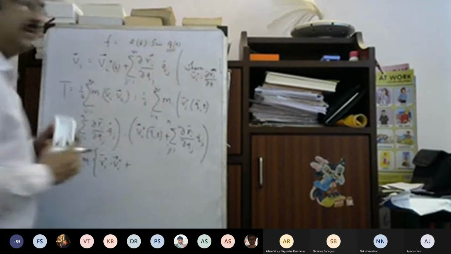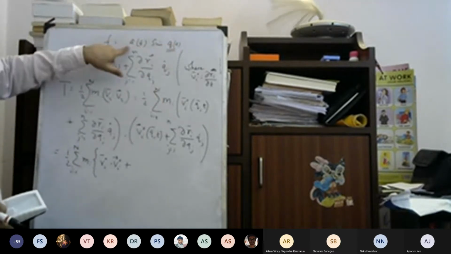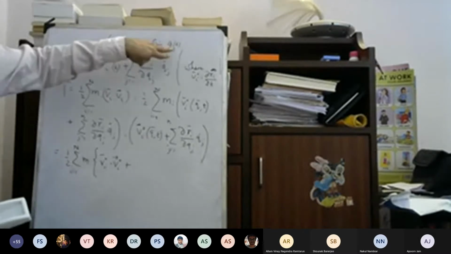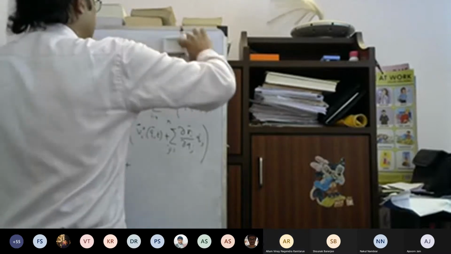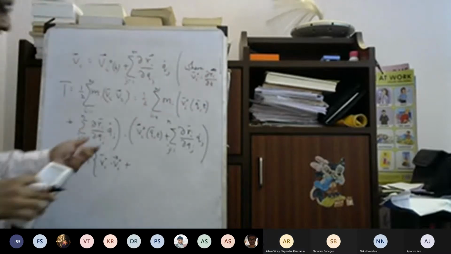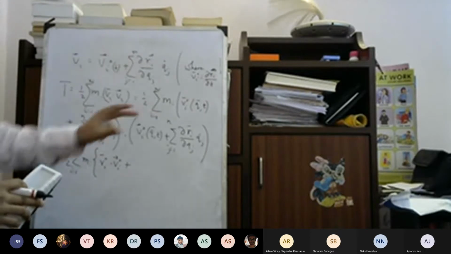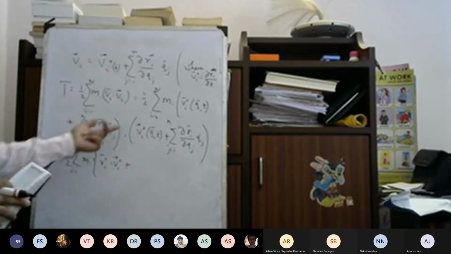Q is the generalized coordinate. Then the total differential will be d by dt of sine q(t), so this also becomes a function of q, the first term. Right. So please check yourself. If you still have any problem, let me know. But if you carry out a few examples, it will be clear.